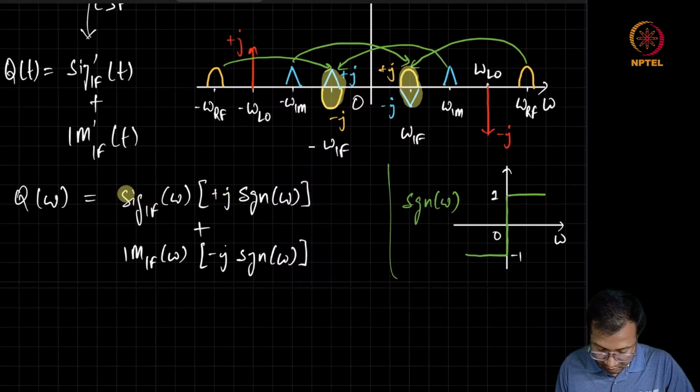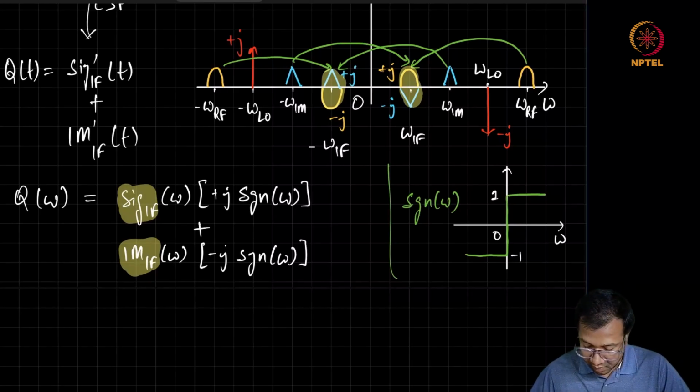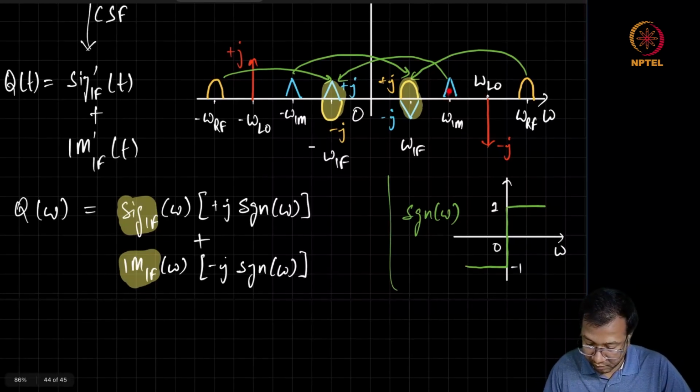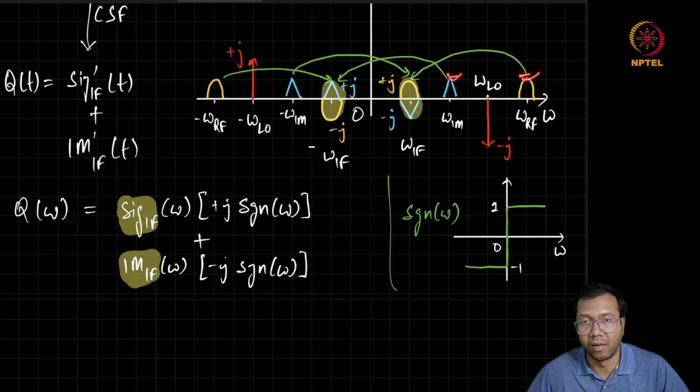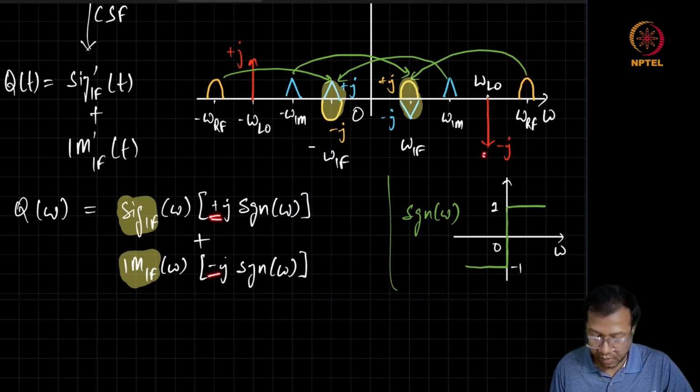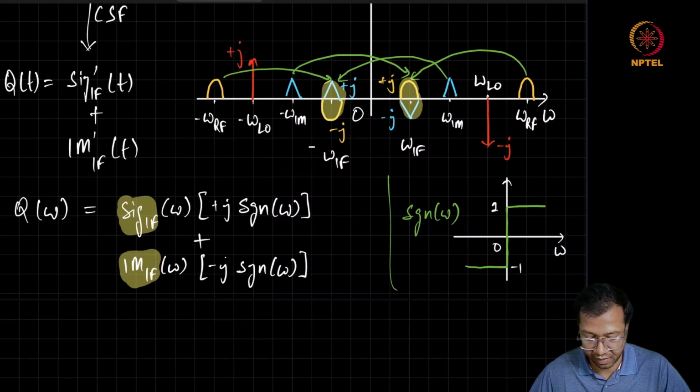So this is a very important conclusion, and we can also see that depending on which component is higher or lower with respect to the LO, we are getting appropriate polarity of this j here.